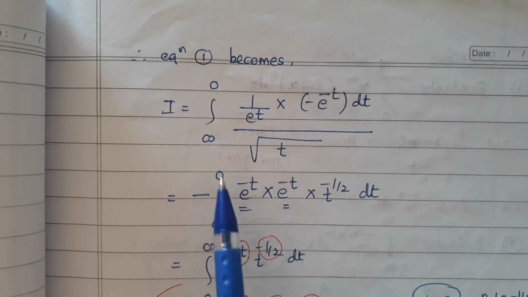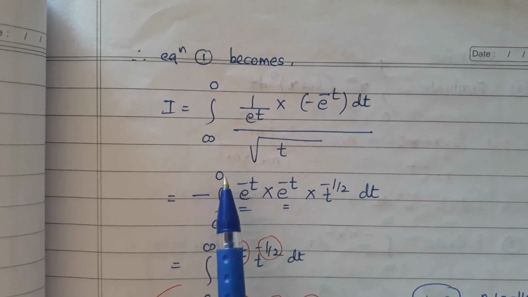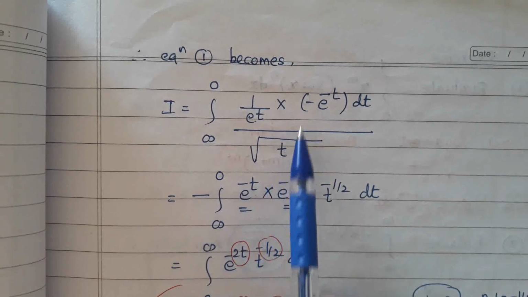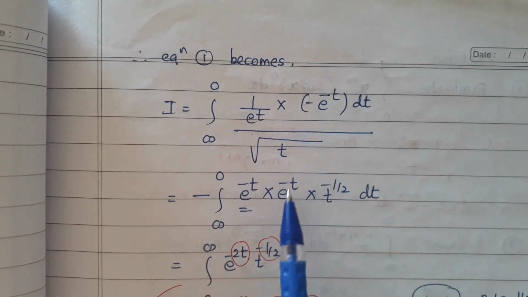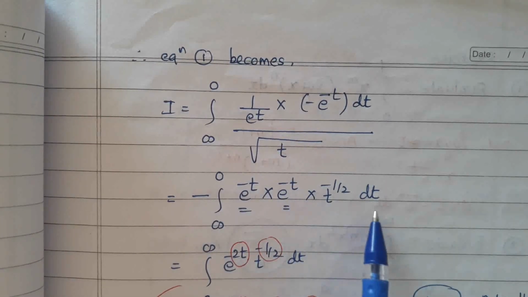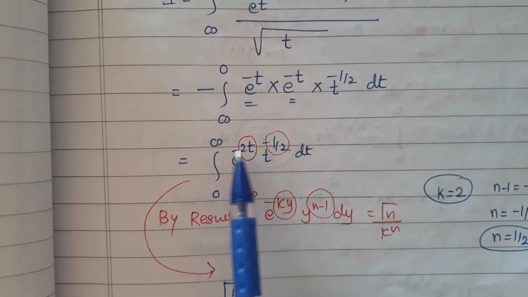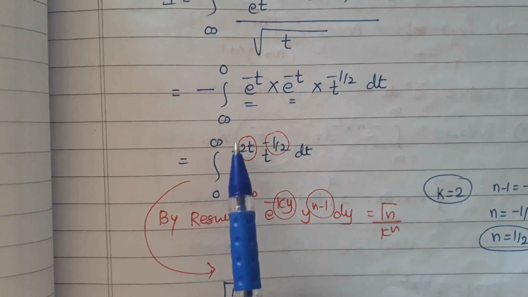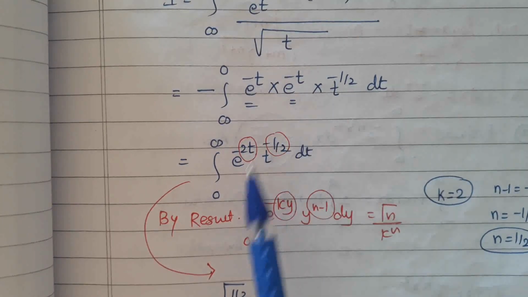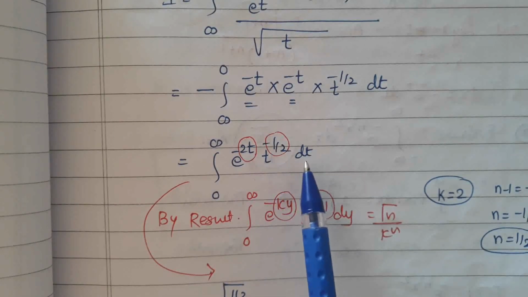This becomes minus infinity to 0, which becomes 0 to infinity in the next step. 1 upon e raised to t is e raised to minus t, into e raised to minus t. 1 upon root of t becomes t raised to minus 1 by 2 dt. Add the powers. The limits become 0 to infinity. e raised to minus t, e raised to minus t becomes e raised to minus 2t, t raised to minus 1 by 2 dt.